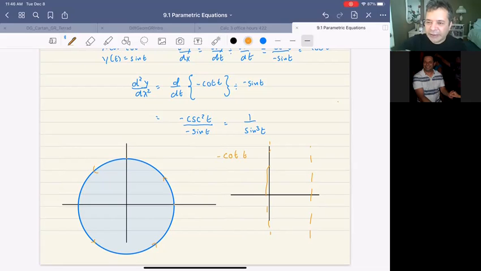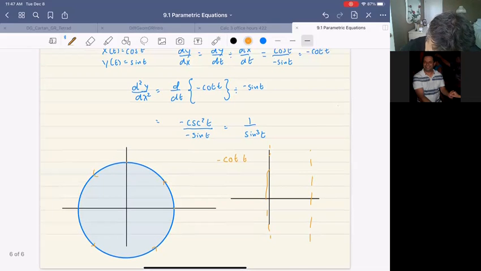Cotangent of t normally goes down, but since this is negative cotangent, it's going to go up. Is that right? Yes. Let me look at a graph real quick of that. Okay, that's how negative cotangent of t looks.